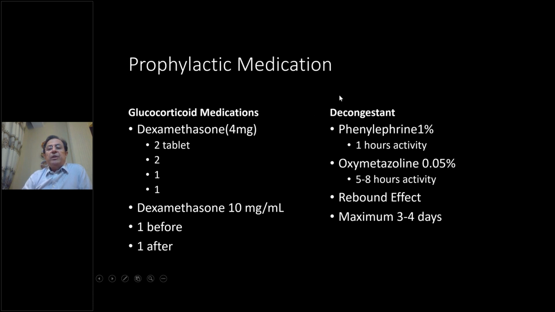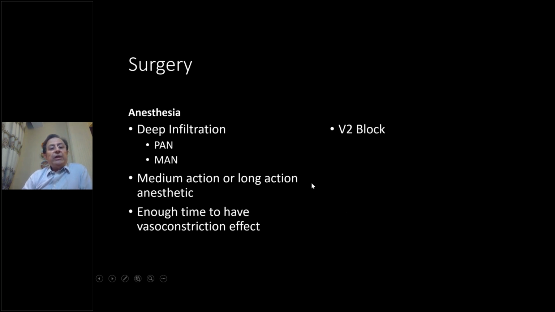Also, we can use a decongestant, phenylephrine, for reduction of the inflammation, but it has a rebound effect. You can use it a maximum of 3 or 4 days before and after surgery. For starting the surgery, we need deep infiltration, and it's enough in most common cases.